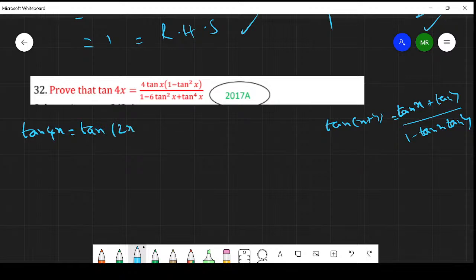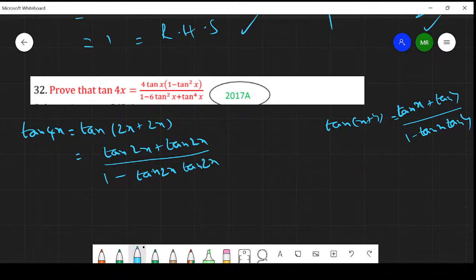Comparing with tan of a plus b, I can write tan 2x plus tan 2x by 1 minus tan 2x into tan 2x.